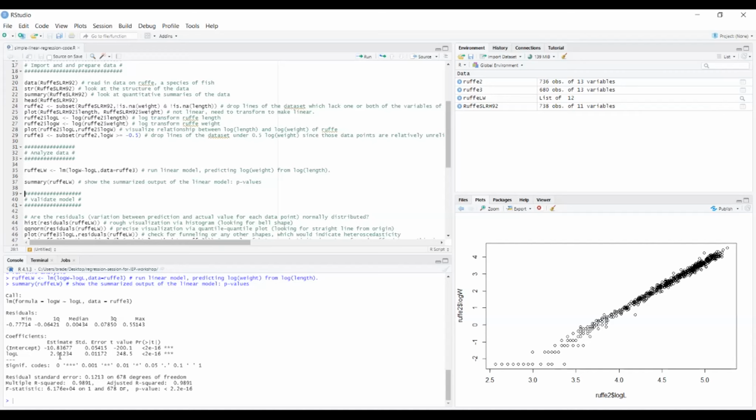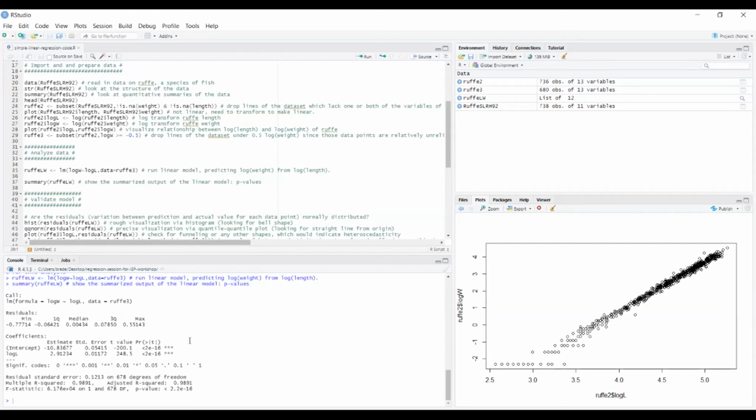So if we were to write out the equation in the way a statistician might, we would say that y, or the response, or the weight, the log weight in this case, of a fish, is equal to, first, the intercept, negative approximately 10.8, plus the coefficient associated with length, which is approximately 2.9, times the log of the length value of that particular fish, plus whatever the difference is between that value and the actual value.